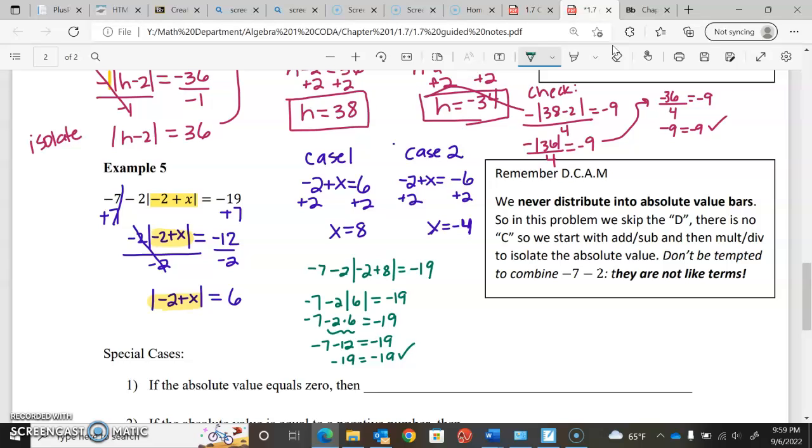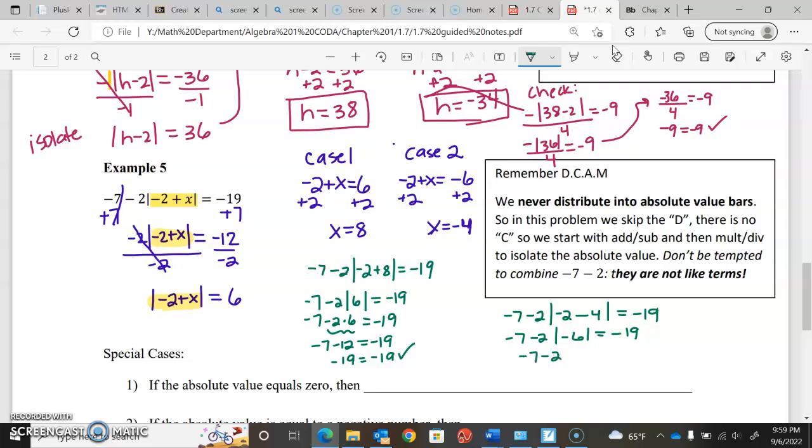And then now let's check -4. So again, back to the original problem. We're going to plug in -4 for x. You can do plus and negative, or I just like to write a subtraction. And then simplify your absolute value next. So inside, -2 minus 4 is -6.